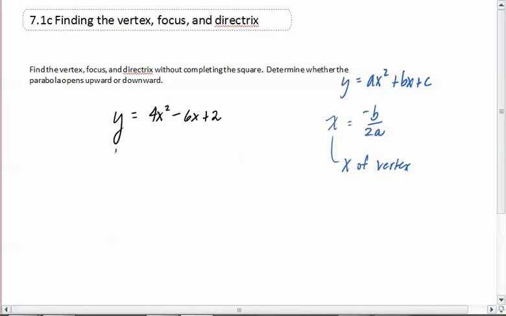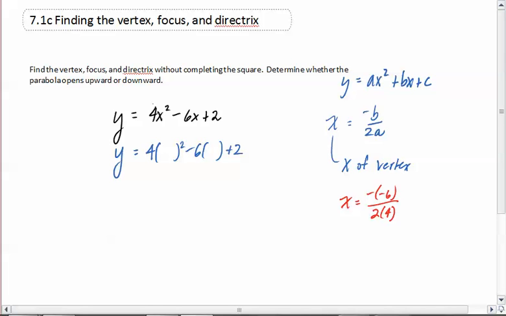So here we go. y equals 4 times something squared minus 6 times that something plus 2. That something is going to be our x. Let's go ahead and find our x. So x is equal to negative b, negative 6, over 2a.